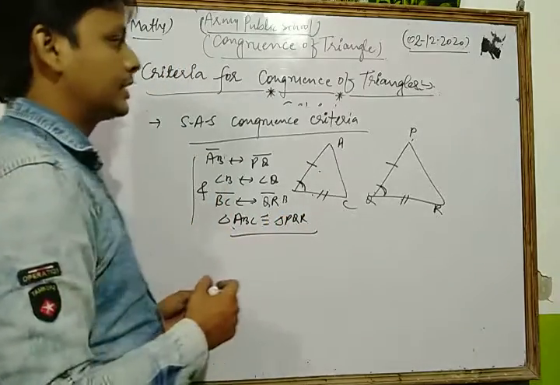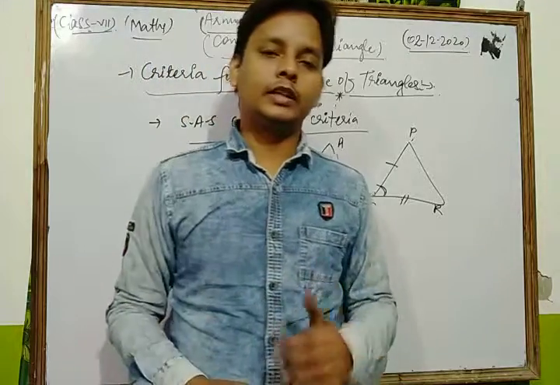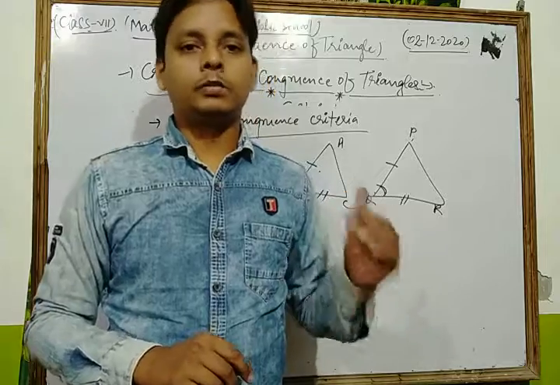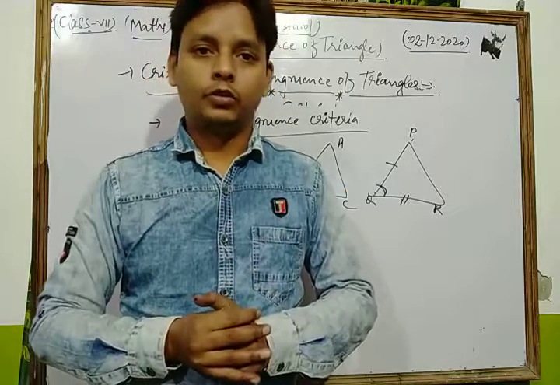This is the concept of the SAS congruence criterion. Dear students, in the next class we will solve and discuss some important questions based on these criteria. Okay, thanks to all.